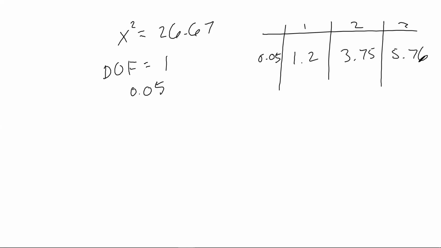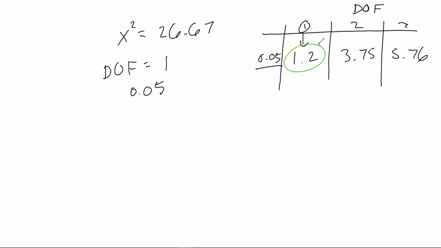Oh wait, sorry, degrees of freedom is on the other end, and I look for this value on the side. Always look for the 0.05, unless she tells you otherwise. I'm looking at 1 degree of freedom, so the number I'm comparing to is 1.2.